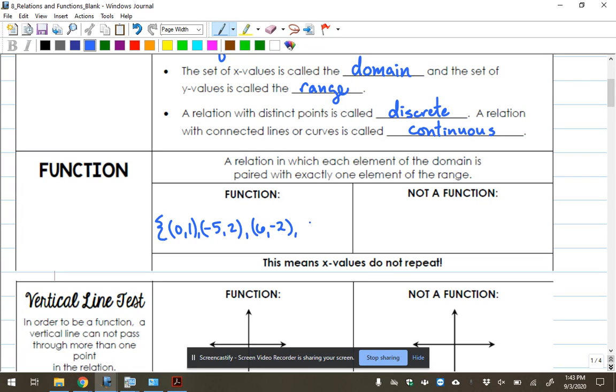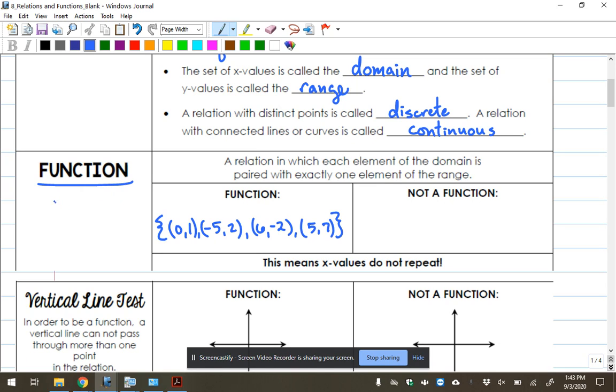And let's just do one more. (5, 7). That is a function because each element of the domain is paired with one element from the range. So each element of x, all the x values, are only paired with one y value. The x's don't repeat. That's the thing you want to write there.